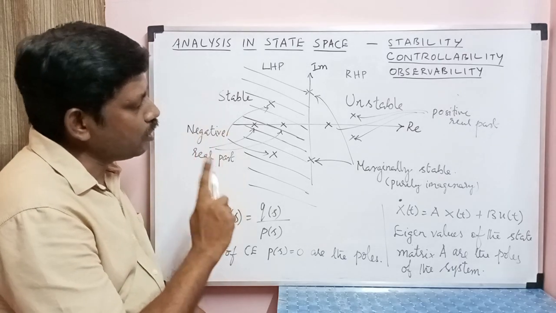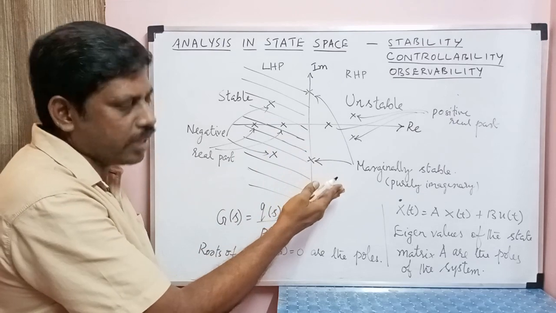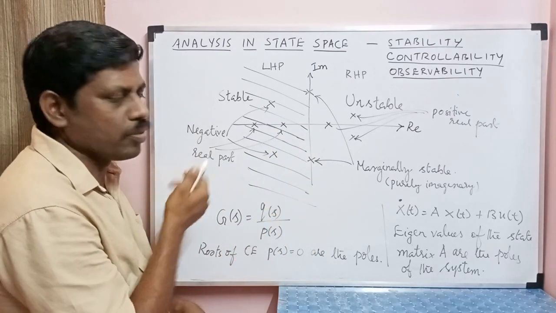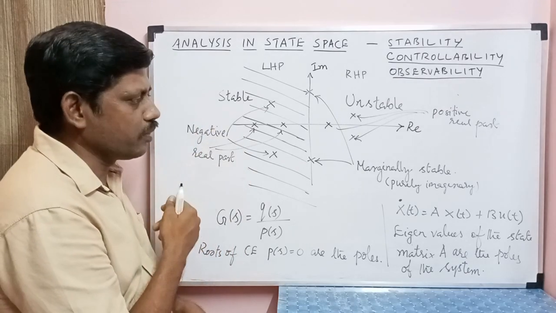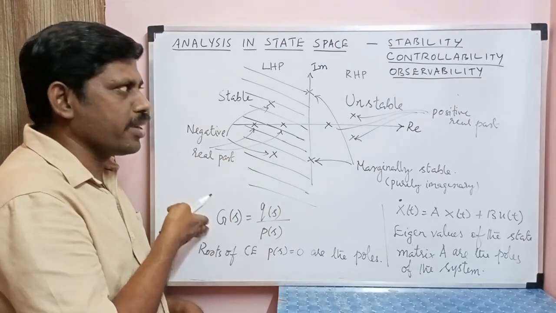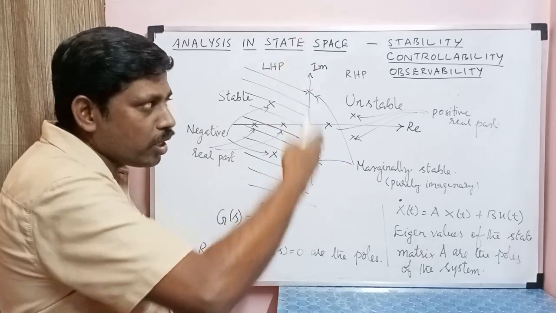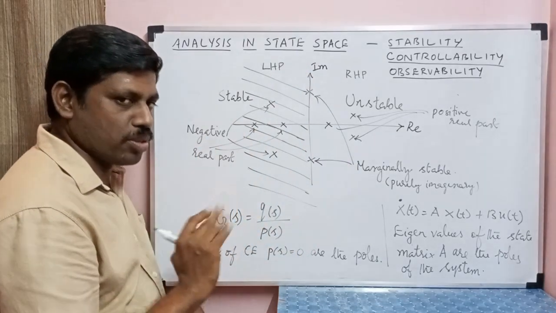Even if one of the system poles is on the right half plane, the system is unstable. For example, let us assume that there are 5 poles or 5 eigenvalues for a system, and out of the 5, 4 are lying on the left half plane and 1 pole is lying on the right half plane, or 1 pole is lying on the imaginary axis, then the system is not stable.